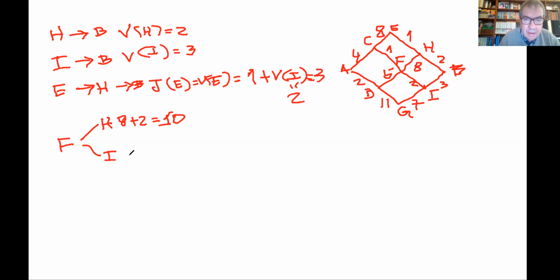But if you go to I, you spend 2. That's the cost between F and I. And then you add the value of I, which is 3, second row here in the whiteboard. So it's 5. So the optimal decision is going to I, and the value is 5. So the value of F is the optimal cost to go to B. It's 5, and the optimal decision is I.